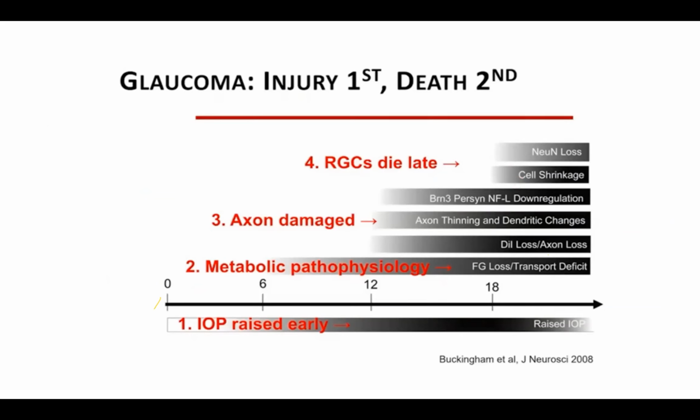And if we can intervene and mitigate some of this retinal ganglion cell damage by using neuroprotective agents, that may be able to minimize the retinal ganglion cell death. You can see here the initial IOP causes changes in the metabolic pathway, which causes damage of axons, and the actual retinal ganglion cells die. And this can even be up to 18 to 24 months after the initial insult occurs.